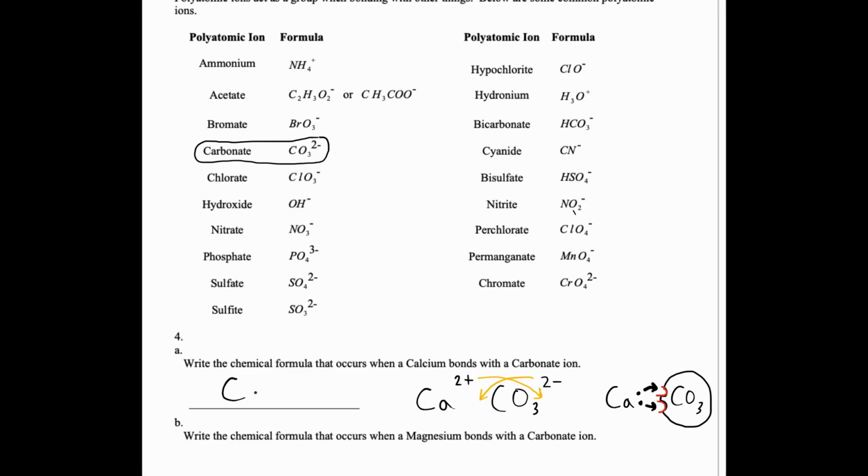So we'll actually just write CaCO3, and that's it. This compound would be calcium carbonate, it's called. When you make a compound with a polyatomic ion, you just use the name of the polyatomic ion. You don't have to add like IDE or anything like that.